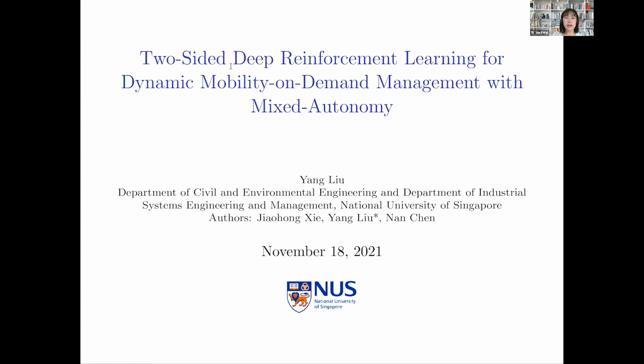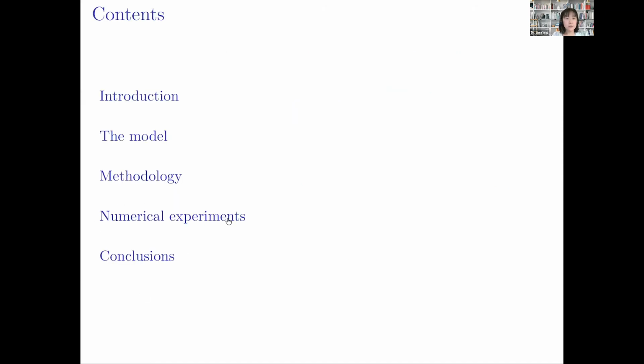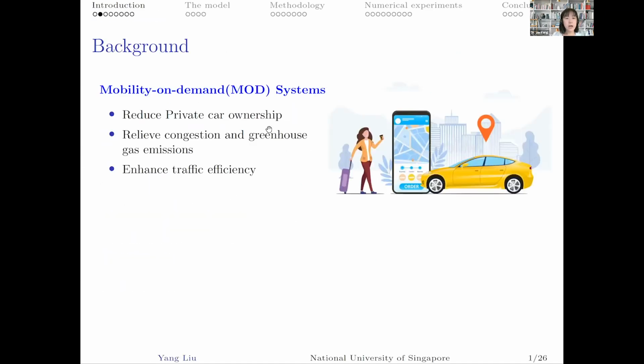Today I would like to present the two-sided deep reinforcement learning framework for dynamically determining the operation decision for mobility on demand with mixed autonomy. This is the outline of my presentation. First, we have witnessed significant growth in the past decade in the mobility on demand system.